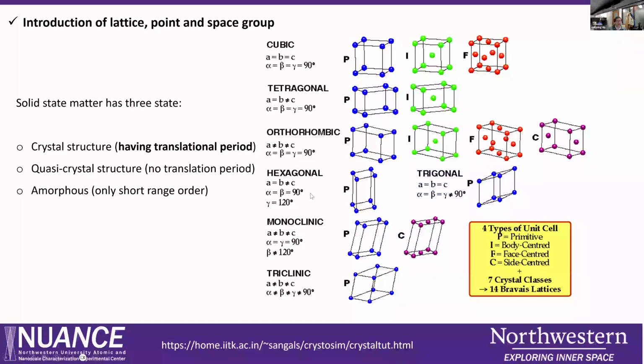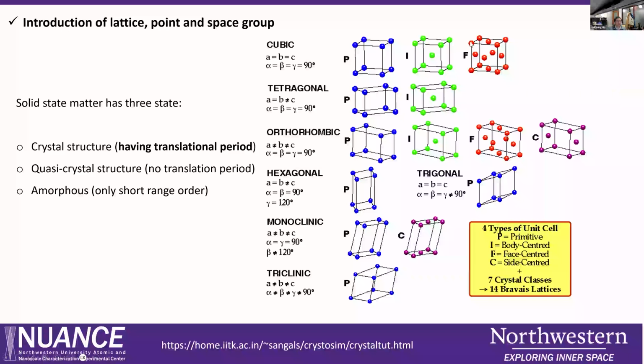You should know this. Another one: there are 4 types of unit cells. P indicates a primitive one. For example, in the cubic, P is primitive, and I is body centered, meaning in the center of the cube you see one atom.